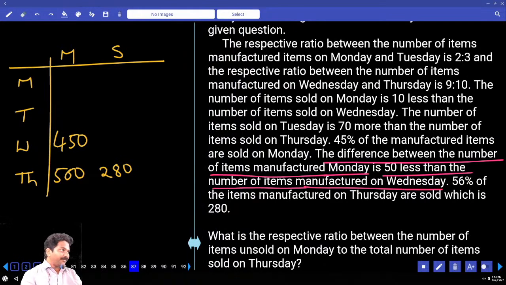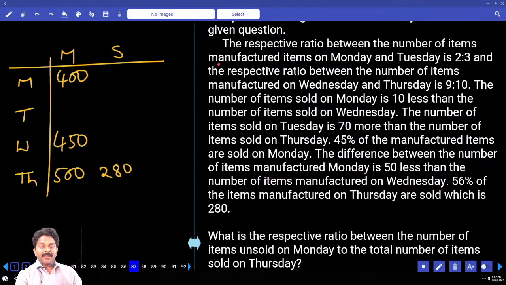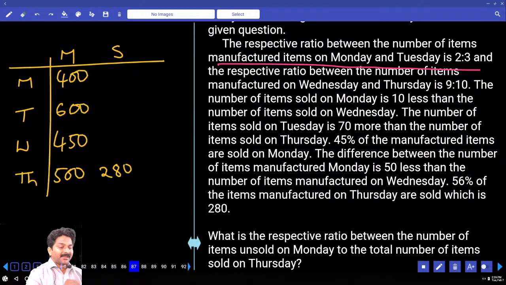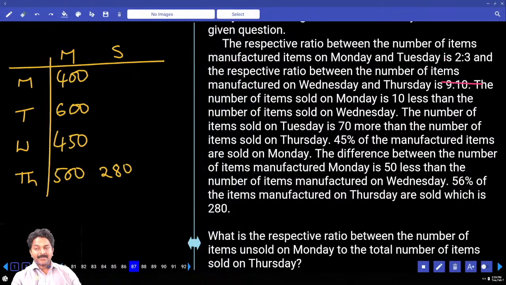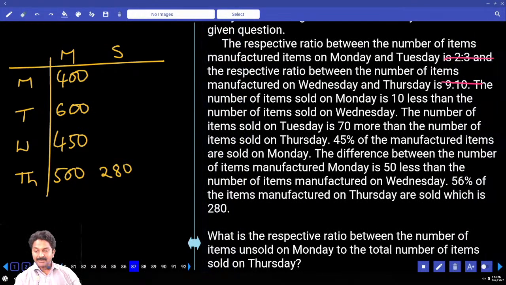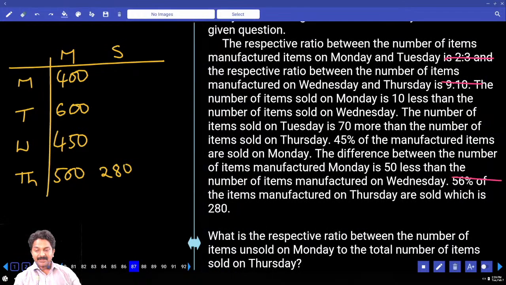Wednesday we have 450, 50 less, that is 400 on Monday. Now because we have manufactured items on Monday, and the Monday to Tuesday ratio is 2:3, 2 parts is 400, so 3 parts is 600. This data is over. The last 56% is over. The 50 is over. Correct? Now let's see.